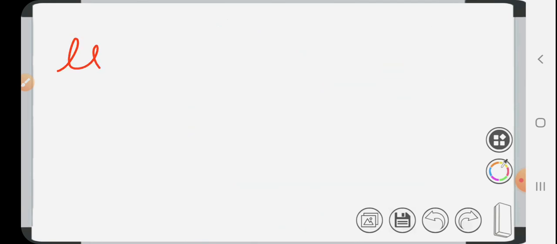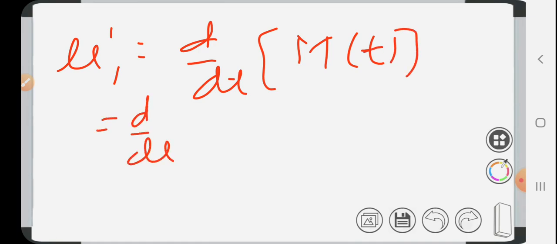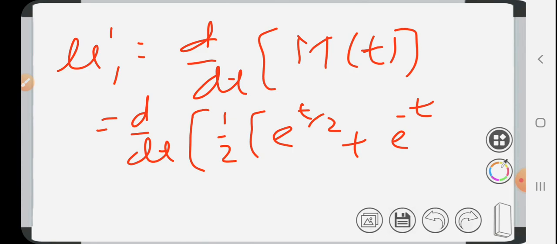Now mu1 dash is equal to the first derivative, d by dt of m of t, evaluated at t equal to 0. So d by dt of 1 by 2 into e raised to t by 2 plus e raised to minus t by 2.